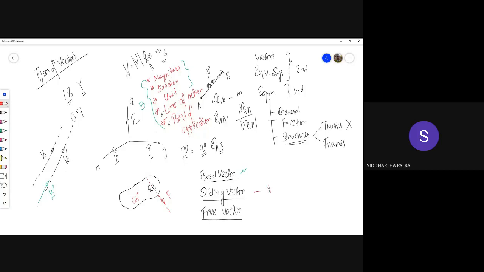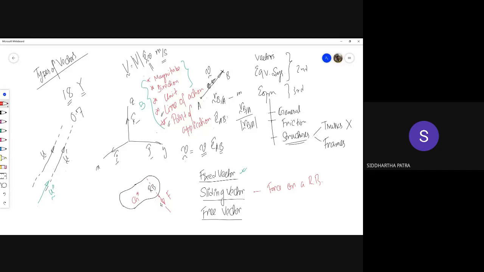So force on a rigid body is a sliding vector. You can slide a vector along its line of action. The line of action is fixed, but if you change the line of action, there would be a different moment and the effect would be completely different. You cannot change the magnitude and direction of the force, otherwise the acceleration would be different.